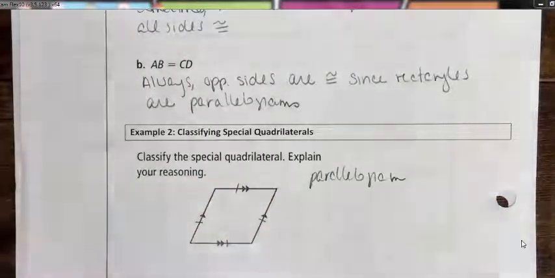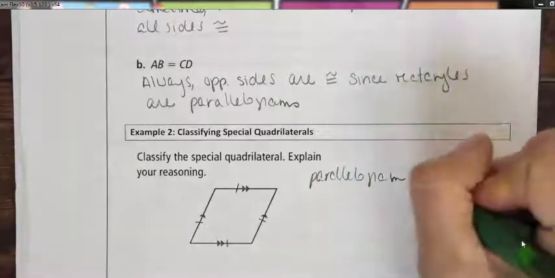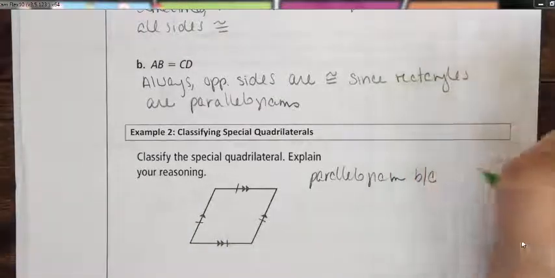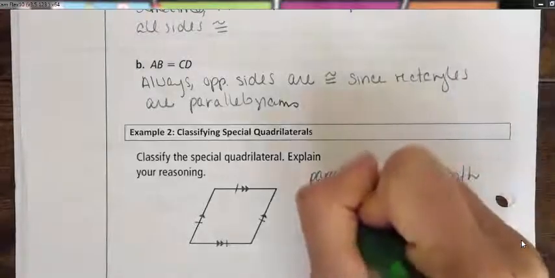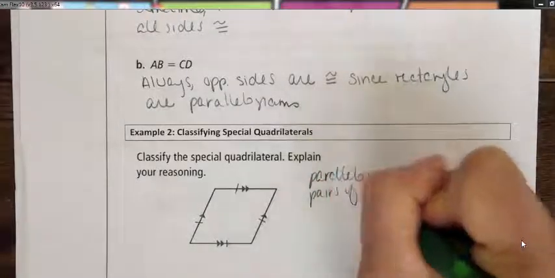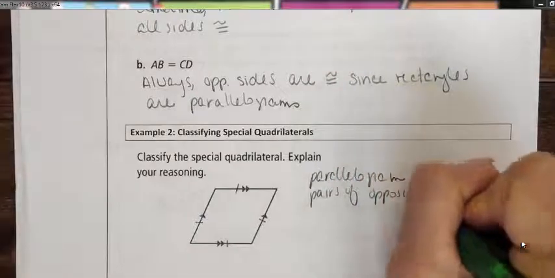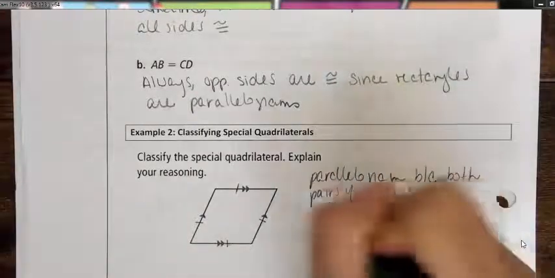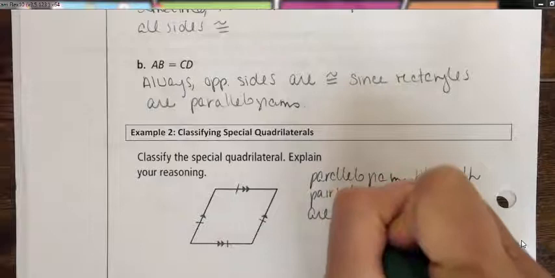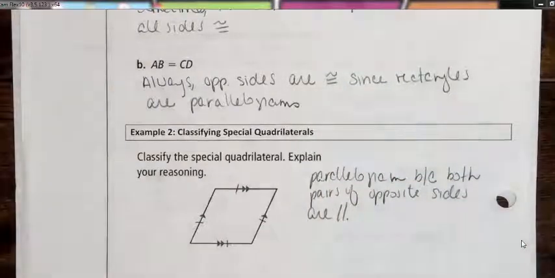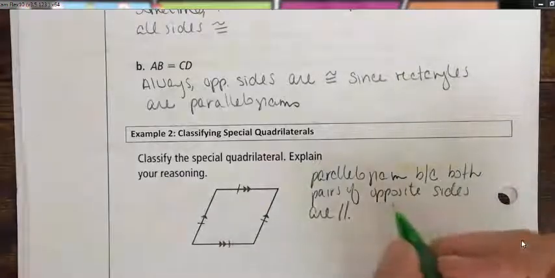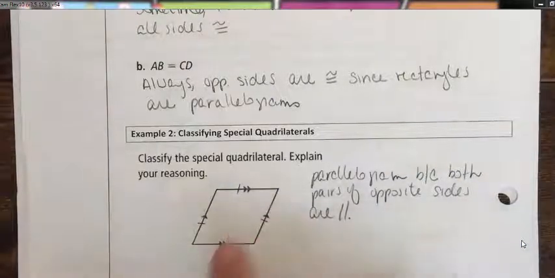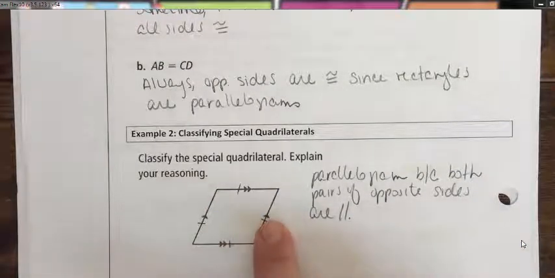Okay, so we know that it's a parallelogram because both pairs of opposite sides are parallel. Okay, and then we have these adjacent sides, or these consecutive sides, also being congruent.